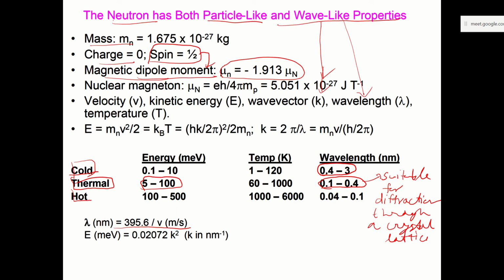These are moderate energy thermal neutrons, which have energy on the order of room temperature. Their energy is on the order of kT, and that's why we call them thermal neutrons.